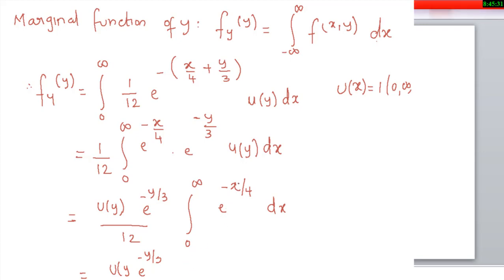Integration of e power minus x by 4 is given as e power minus x by 4 divided by minus 1 by 4. What are the limits over here? 0 to infinity.